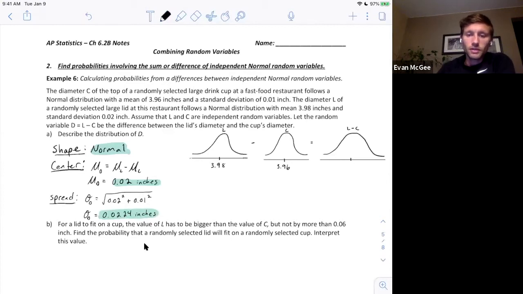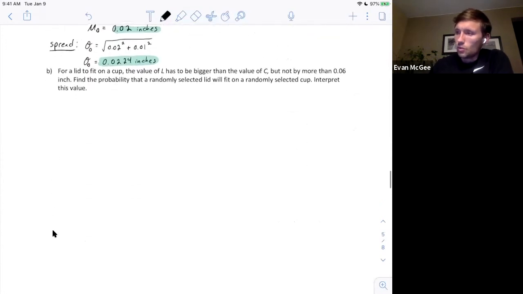For a lid to fit on a cup, the value of L has to be bigger than the value of C, but not by more than 0.06 inches. Find the probability that a randomly selected lid will fit on a randomly selected cup and interpret this value. So we've got to think about what this means.